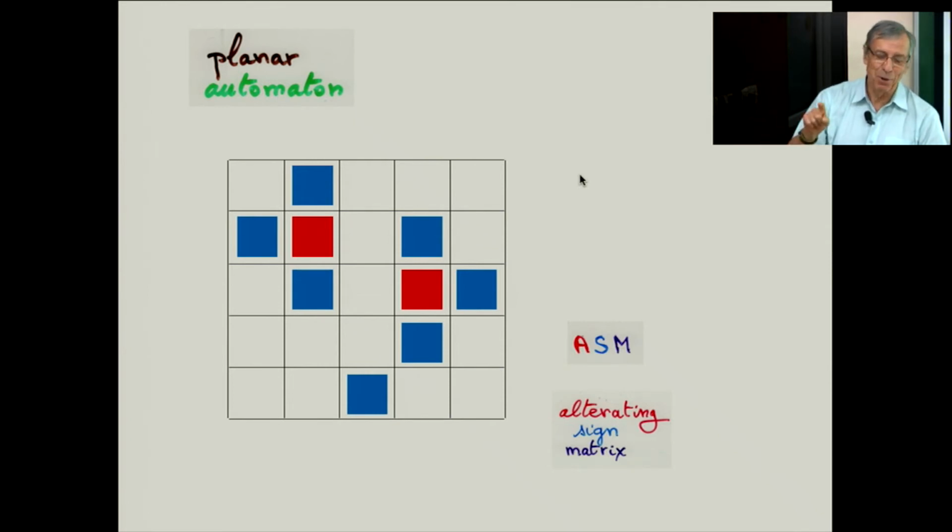So there is at least one blue in each row and each column, but you start with a blue from left to right, you alternate blue, red, and you finish with a blue. So if there is no red color, this is a permutation. There is one blue in each row and each column. So this is an extension of permutation.